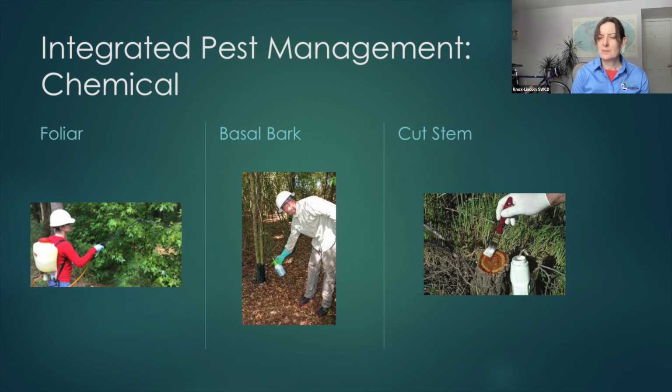Then you just let the plant die, and they will fall down, and you can cut and remove them later, or you can cut them right away and create that burn pile, and do a cut stem treatment and use a concentrated solution with a paintbrush, put it directly on the freshly cut stem. It'll be absorbed systemically and hopefully will not resprout.